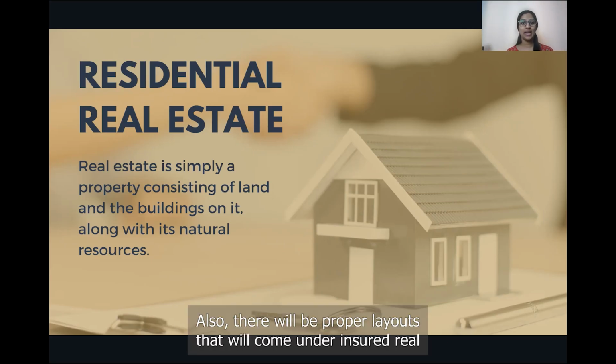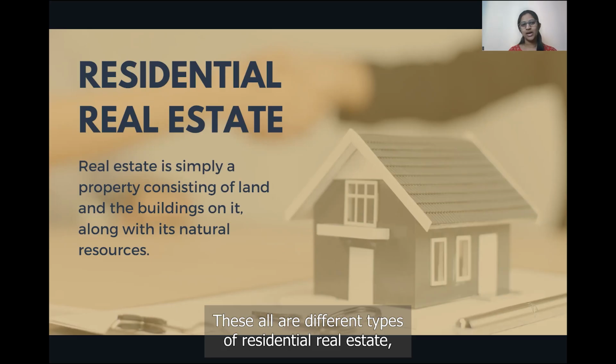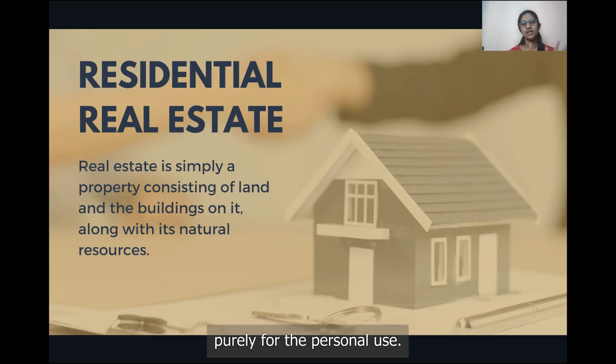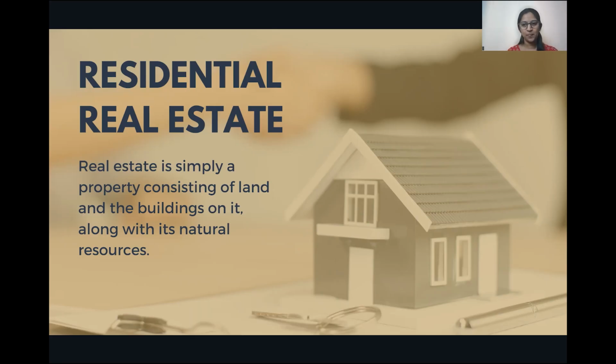Also, there will be proper layouts that come under residential real estate, as well as the villa setup. These are all different types of residential real estate, purely for personal use, for construction of a home. This is where residential real estate comes into the picture.